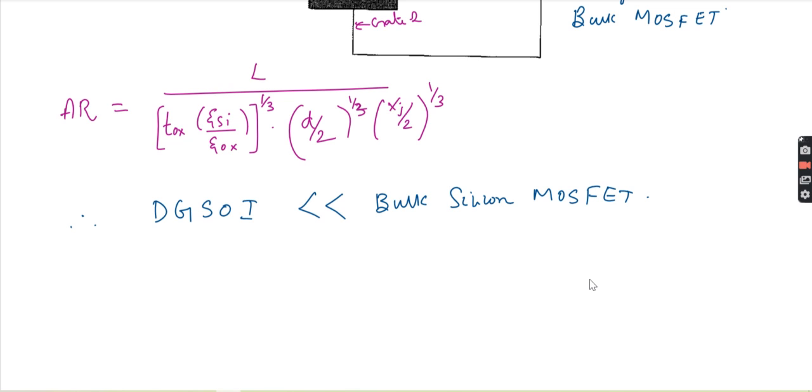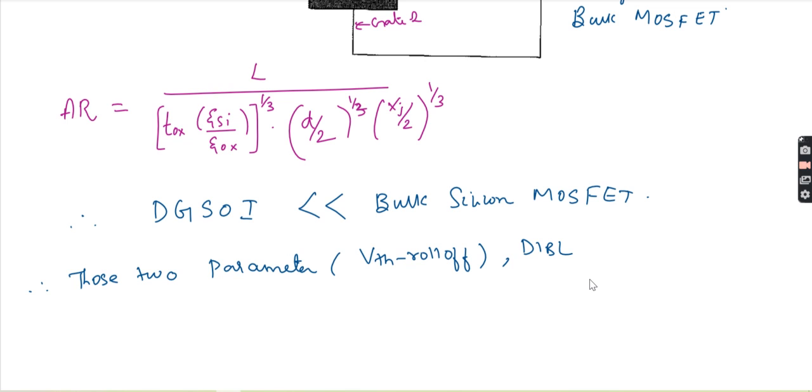So these two, the threshold voltage roll-off and the DIBL, are two short channel effects which will complicate those two parameters. Which parameters? One is VTH roll-off and DIBL, these two parameters only.